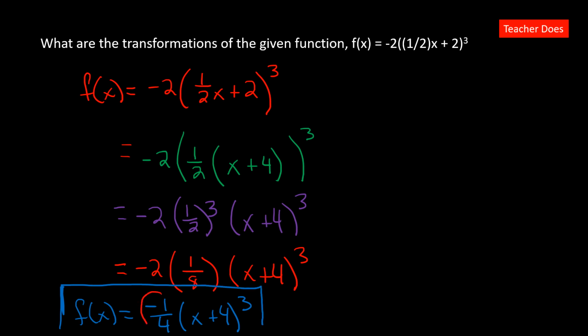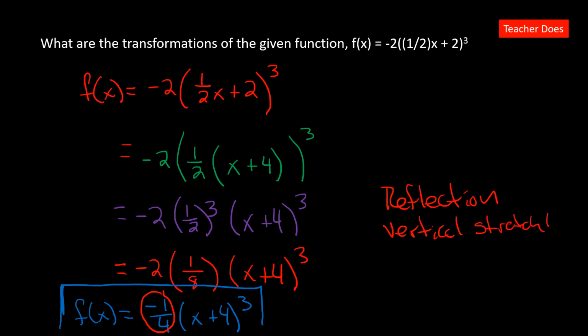So what happens here in this red, we know that because it's negative, we're going to have a reflection. The 1/4 means we're going to have a vertical stretch by 1/4, or it could also be a horizontal compression by 4, right?